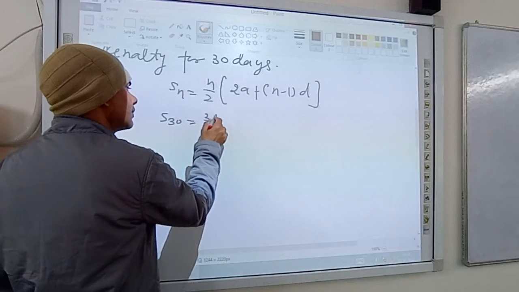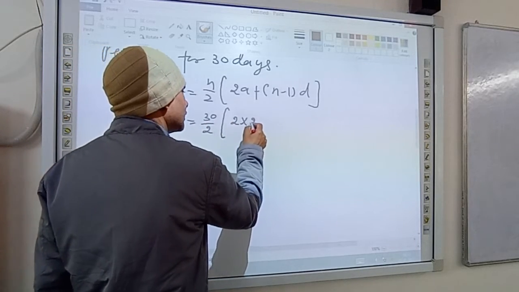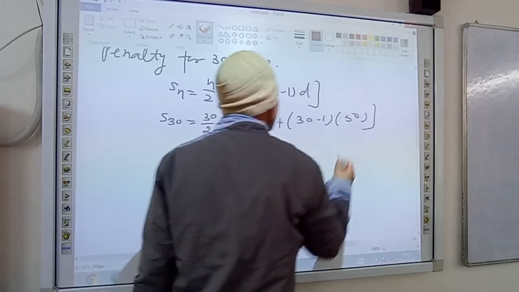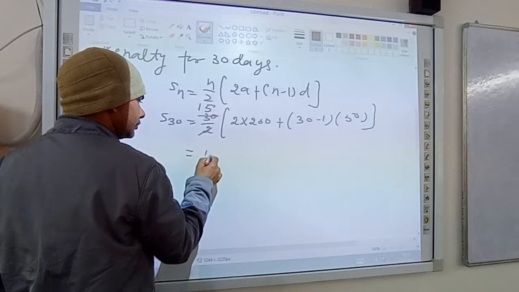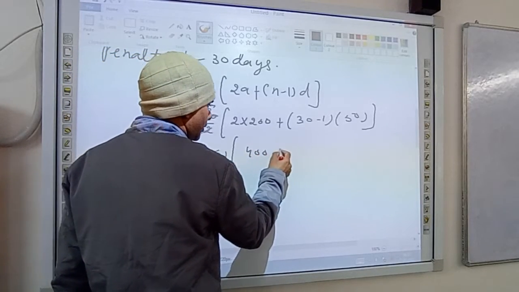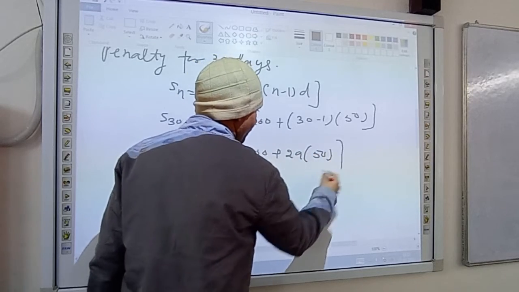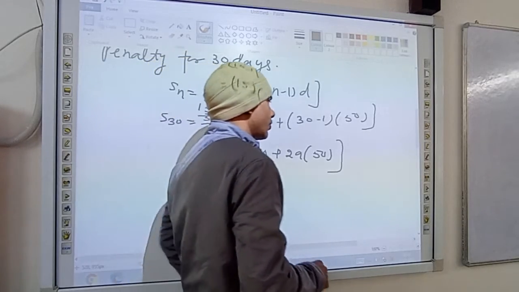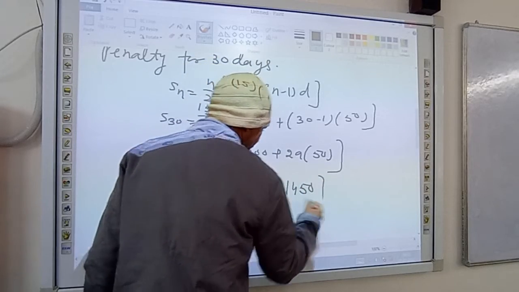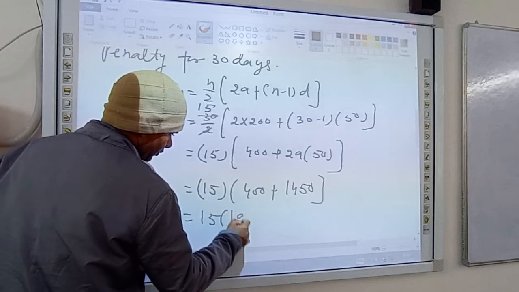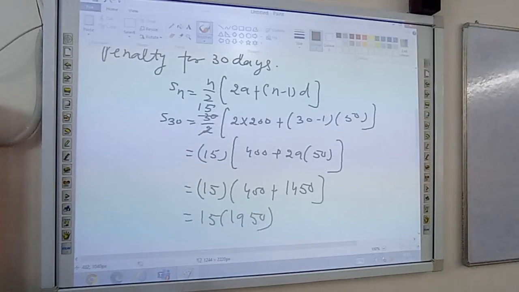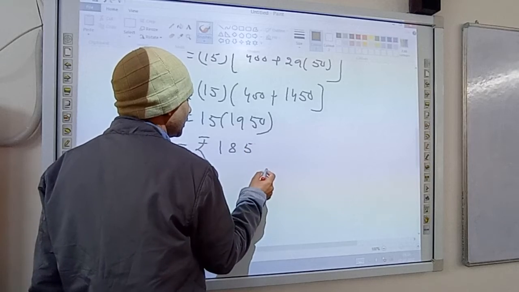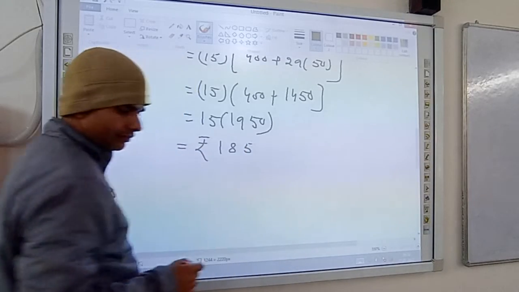Sn is 30 by 2, a is 200, n is 30, d is 50. 2 into 15, 400 plus 29 into 50. 29 fives are 145, so it would be 1850. 15 into 1850.